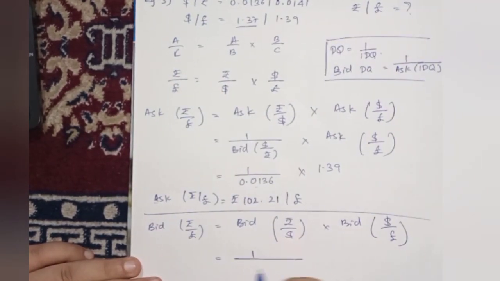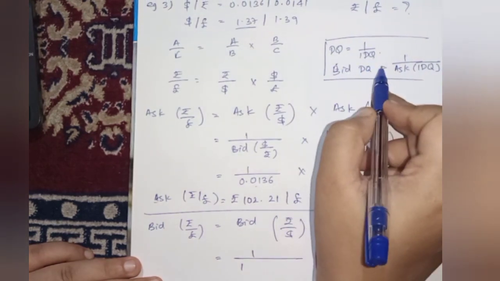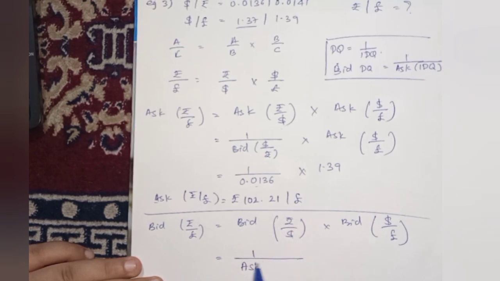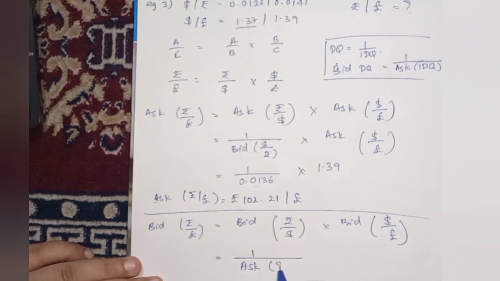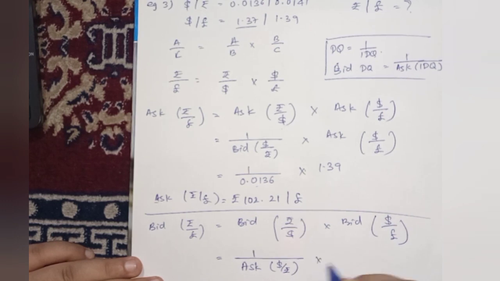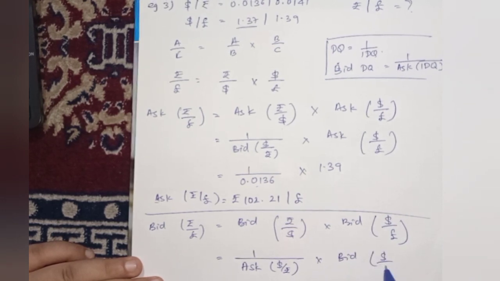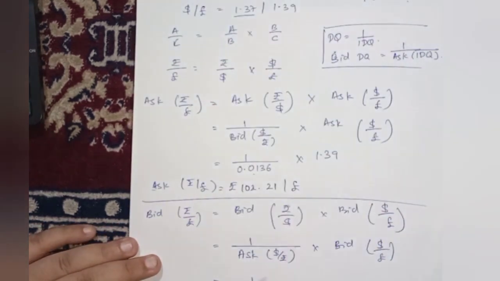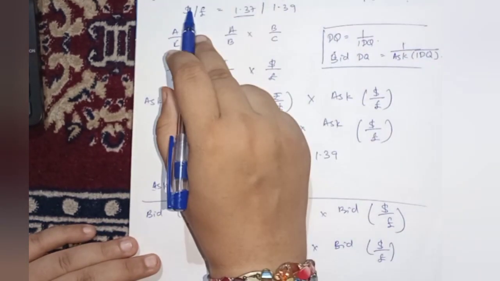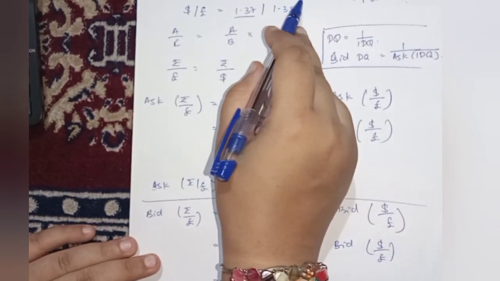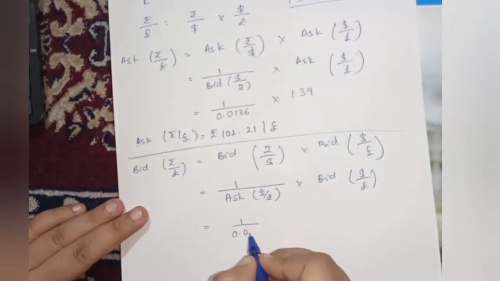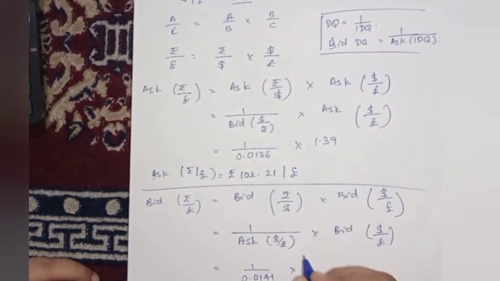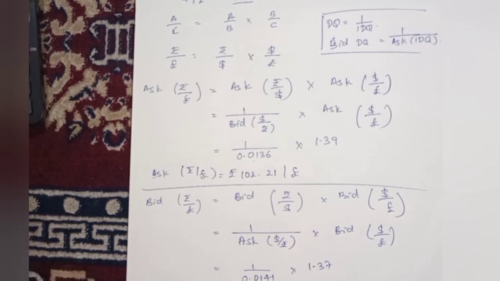So we will again use the direct quote and indirect quote relationship, and by this bid of rupee upon dollar will be 1 upon ask of dollar upon rupee. So the value will be 1 upon ask of dollar upon rupee, which is this. We will write it here, and this bid rate is 1.37. Now we will solve this.